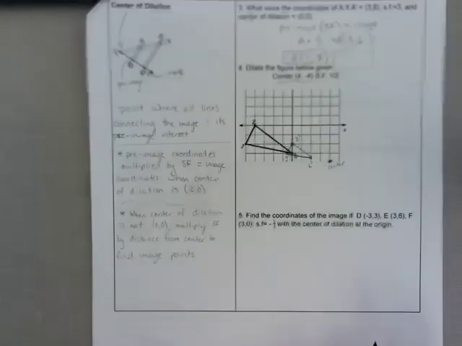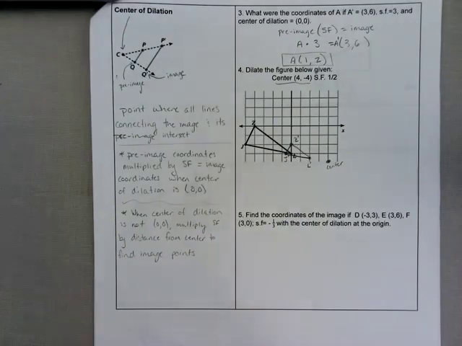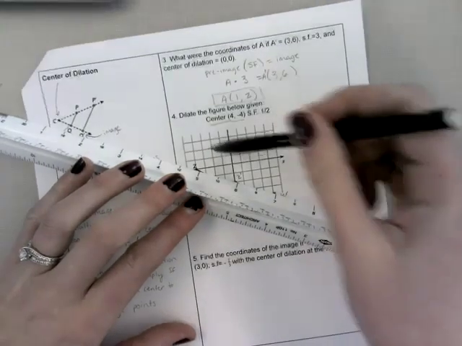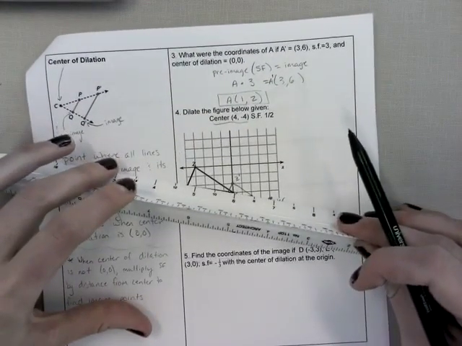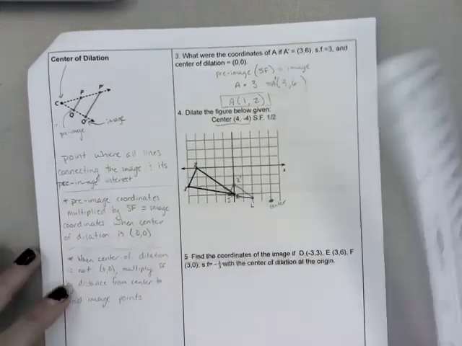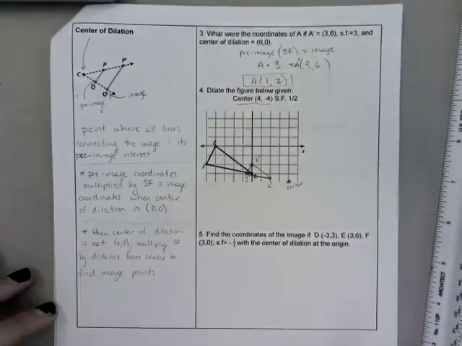And if I used a ruler, I could connect the center through Z and Z prime, right? Those should all form a line. The center through L and L prime and J through J prime. Sorry, those ones are really close, but they should all line up with our center. Okay? So that's kind of how we do it when our center is not 0, 0.